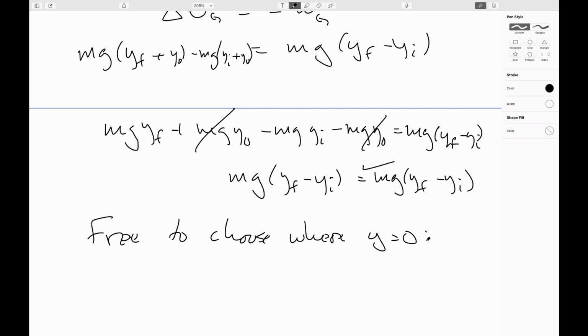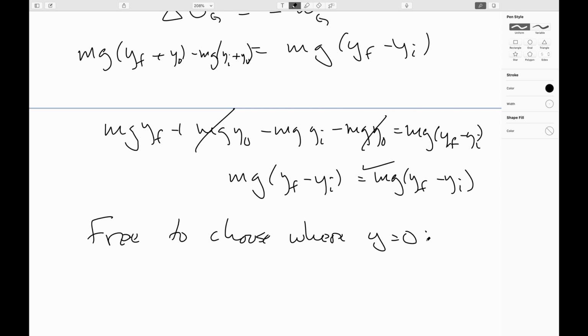Sometimes you want it at the top of the problem, but usually you want it at the bottom of the problem, unless the problem gives you some super duper clear, obvious y equals 0. They're wanting you to measure everything off of something. Well, then make that choice. I'm usually a fan of putting y equals 0 at the bottom of the problem just because it makes all of my y values positive. Nothing other than that. So you're free to choose where y is equal to 0.